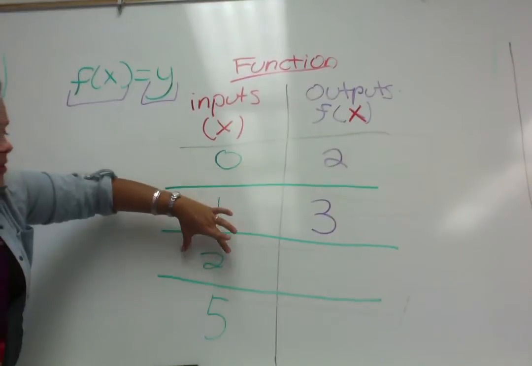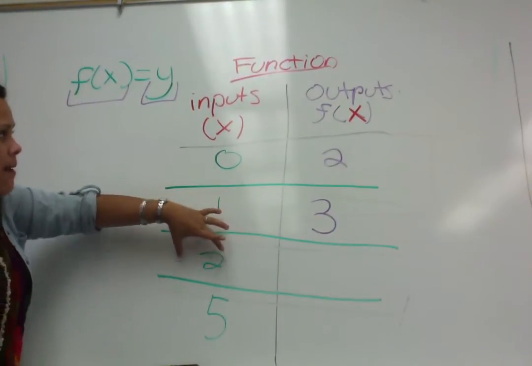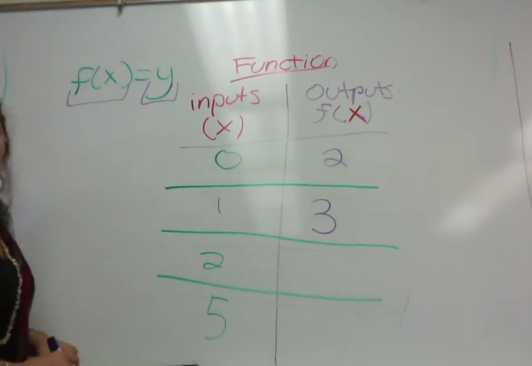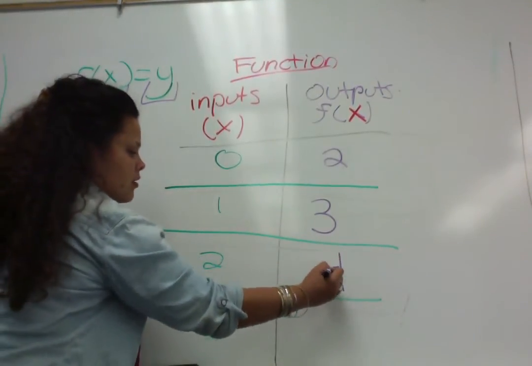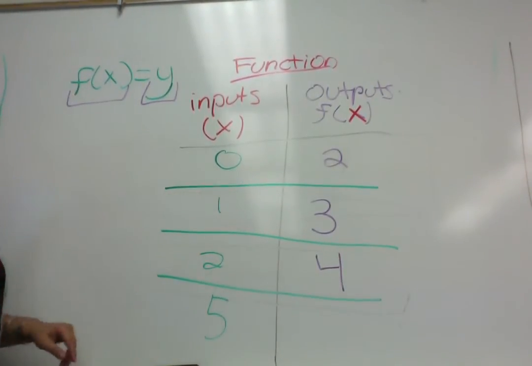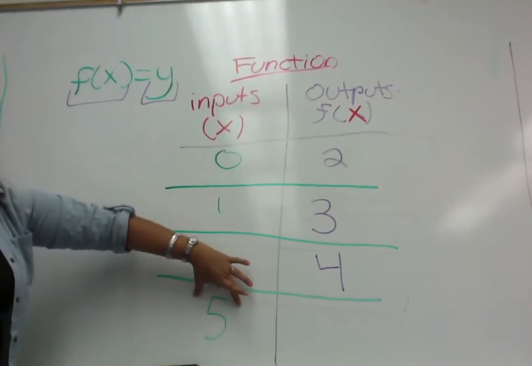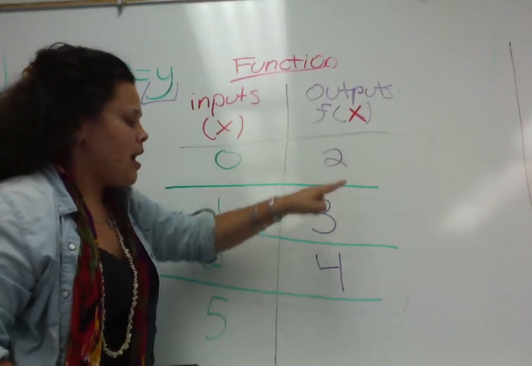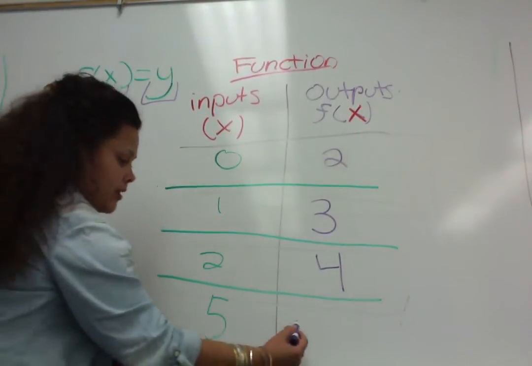If I take this input value and put it into my function machine, my output will be 4. Last one, if I take this input 5 and put it into my function machine, my output will be 3.